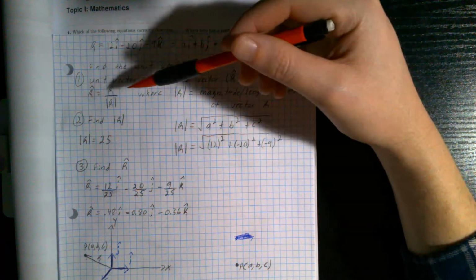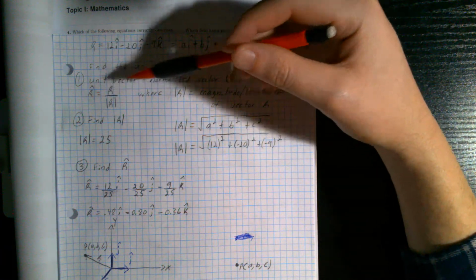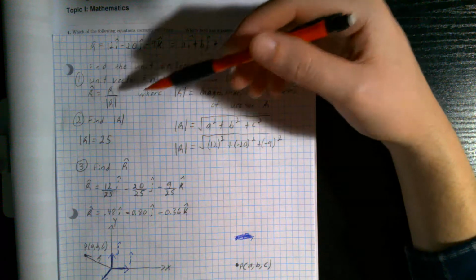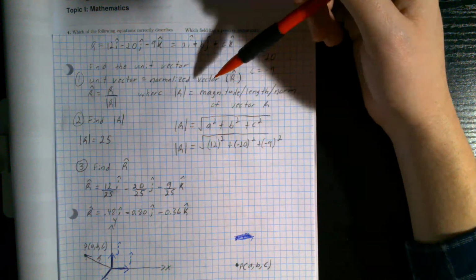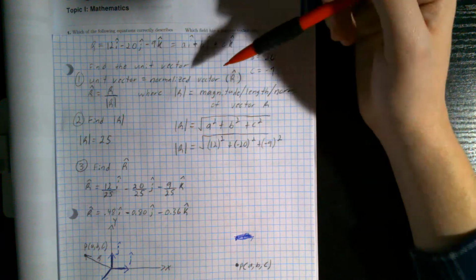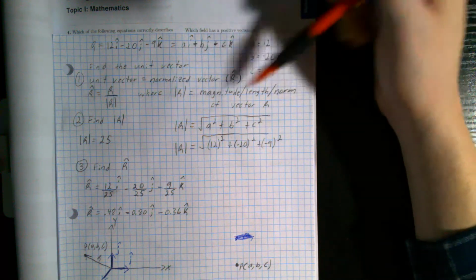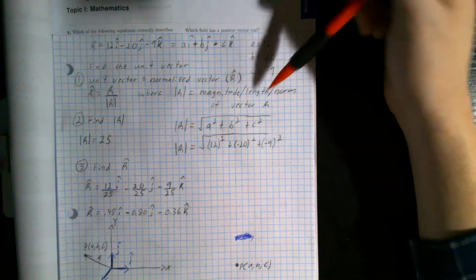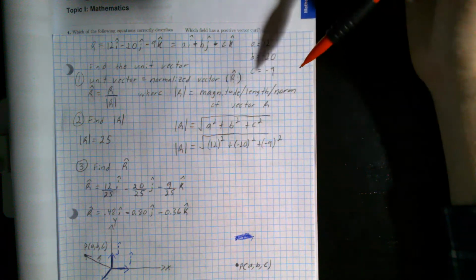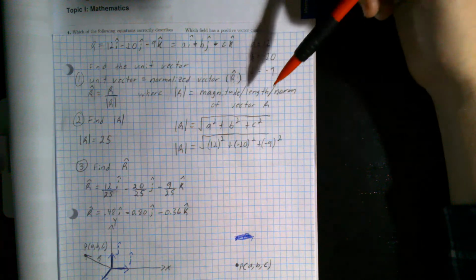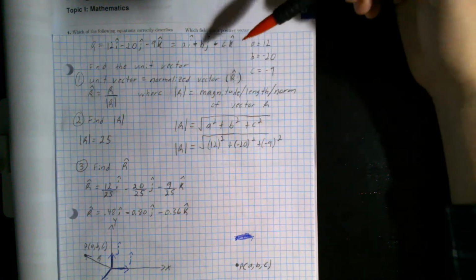So knowing this, you think, well, what is the magnitude of the vector? What does that even mean? It can be described in three terms as a magnitude, length, or the norm of vector r. So the norm value is what we use to normalize the vector.